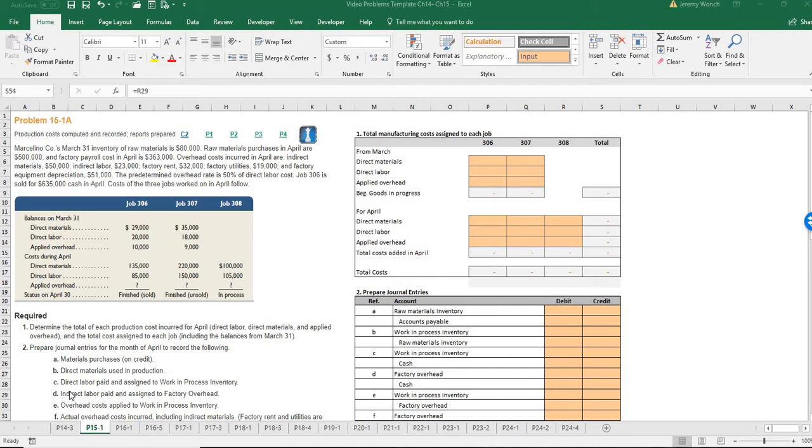For example, job costing in chapter 15 is when you have a unique, identifiable product where, when you're making it, you can identify all those costs that go into it. In our chapter 14 problem, we talked about picnic tables.